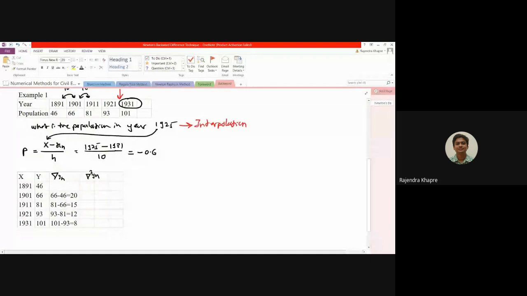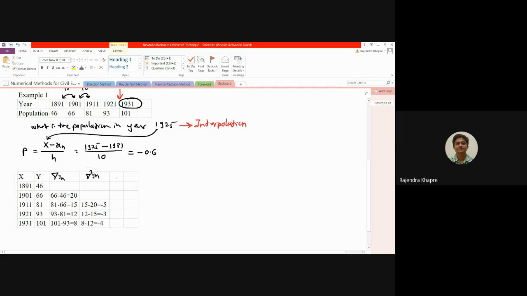This will be 8 minus 12, which comes out to be minus 4. Then 12 minus 15 comes out to be minus 3. And lastly 15 minus 20 comes out to be minus 5. Is it right?